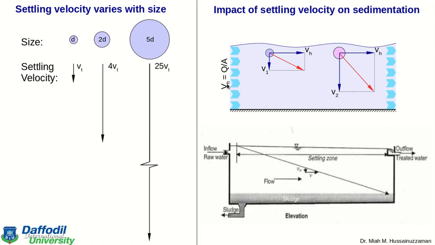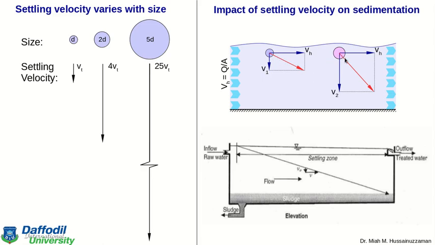Vh means horizontal velocity. This is Q by cross-sectional area, flow rate by area. This is a very popular equation, you know. So both have this, they are flowing with the water current, so they have two velocity components, and the resultant is shown in red. So these two are the same, but these two are different. So they have different resultants. Some particles will have a trajectory like this.